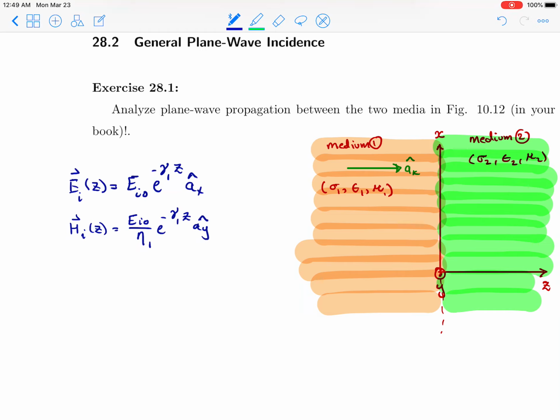The wave will impinge upon the interface, then part of the wave will be transmitted, and some part will be reflected back into medium 1. This one, let me call it impinge, this one reflect, and this one transmit.